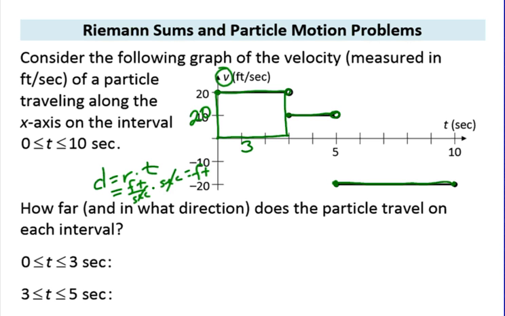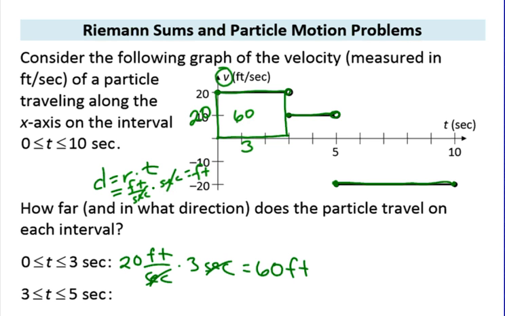If you look at this pictorially, you have a graph of a rectangle. It's the area of a rectangle, length times width. So if you look at this on the units of the graph, you've got a 20 by 3 rectangle, and 20 by 3 is 60. If I do that same thing with my rate times my time, traveling at 20 feet per second for 3 seconds, then I have traveled 60 feet.